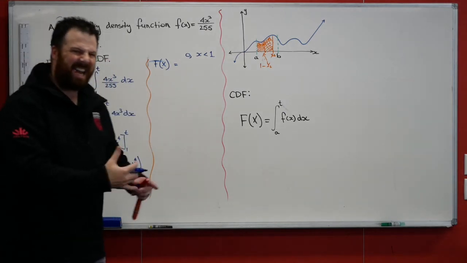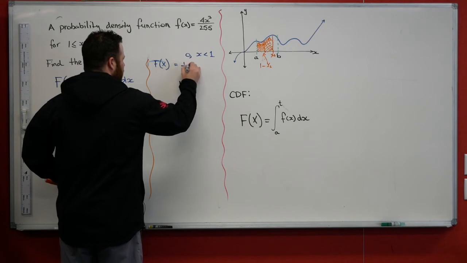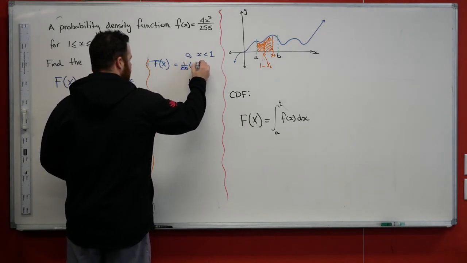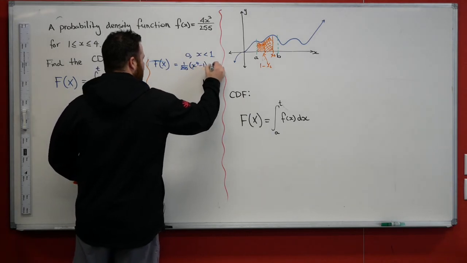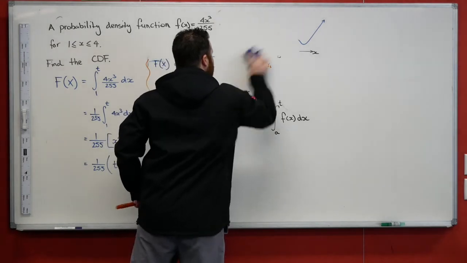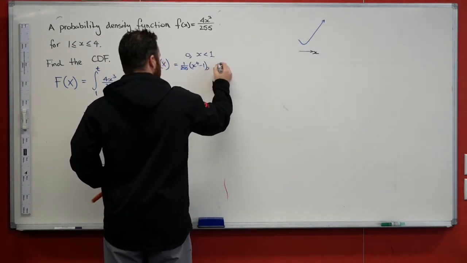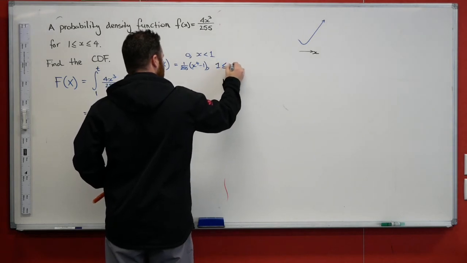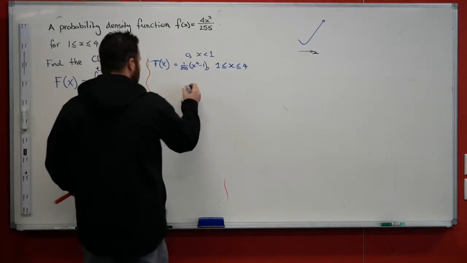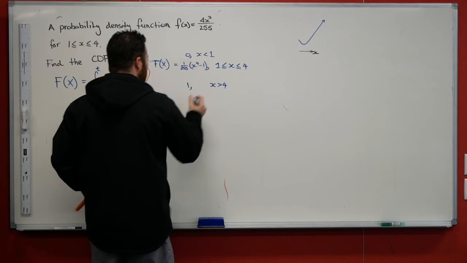We don't want to add any area up less than 1. It is equal to 1 on 255 outside of x to the power 4 minus 1 for values of x between 1 and 4, and it is 1 for values of x that are greater than 4.